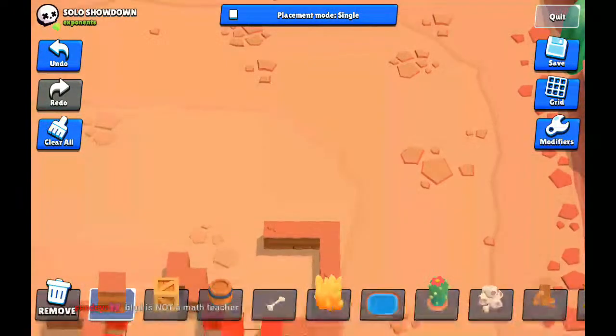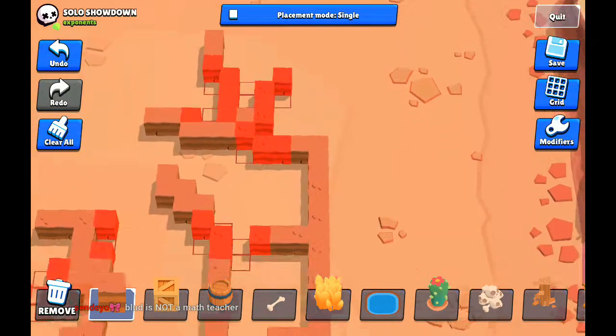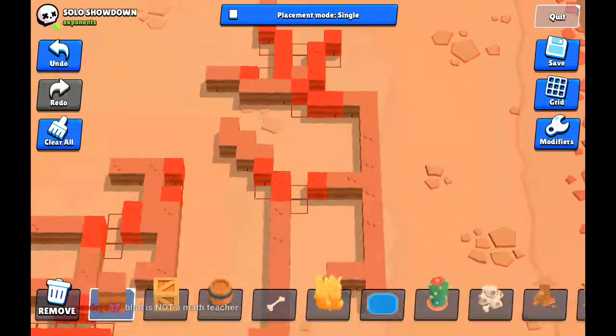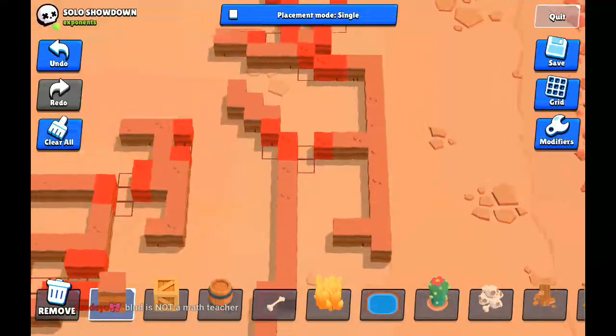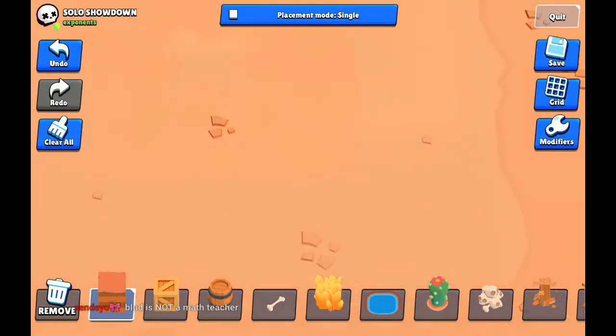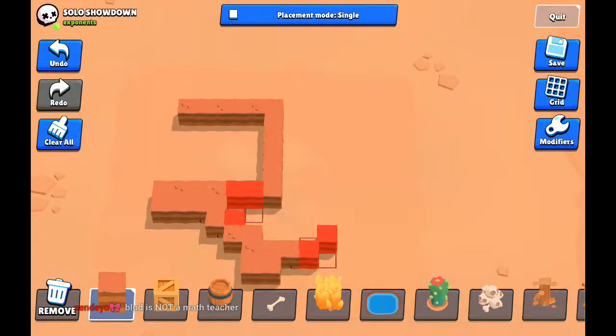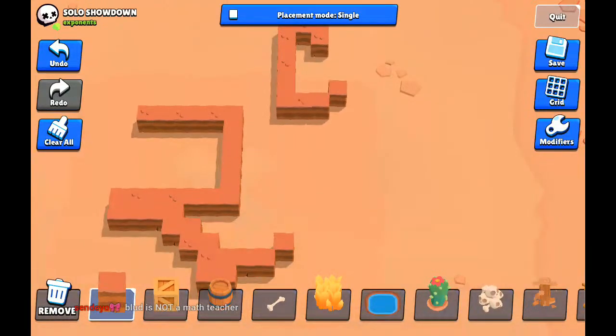I'm gonna draw an arrow. Okay, and what that would equal is 2 to the 9th.